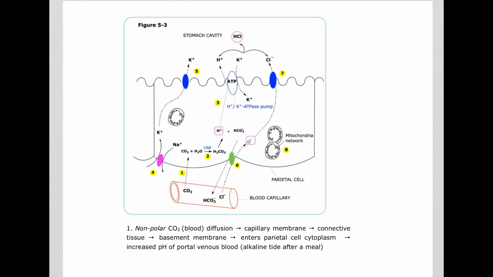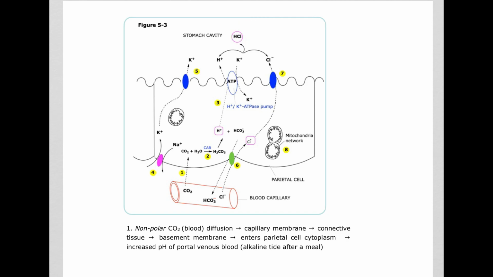So how do we produce hydrochloric acid? Let's look at the steps by which the parietal cell secretes this hydrochloric acid that provides the stomach cavity a pH around 1.5, so very strongly acidic.